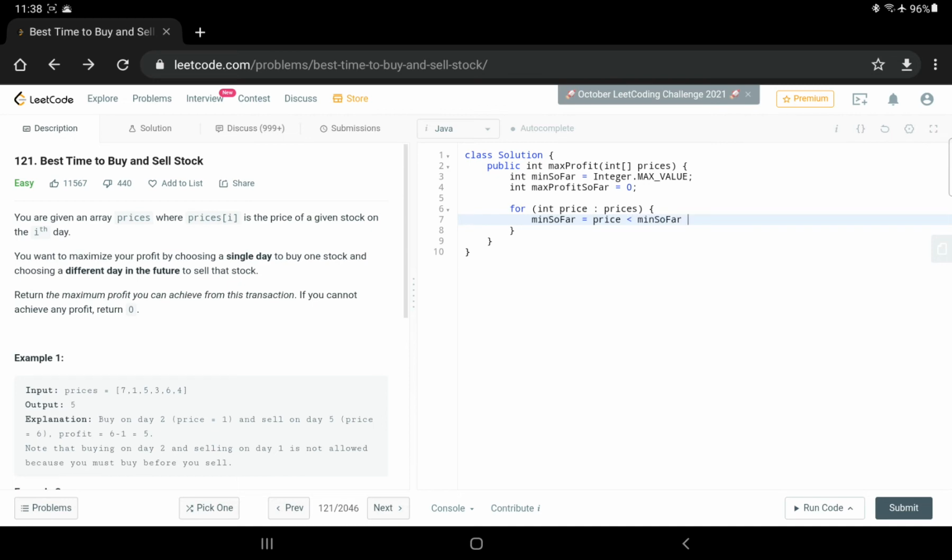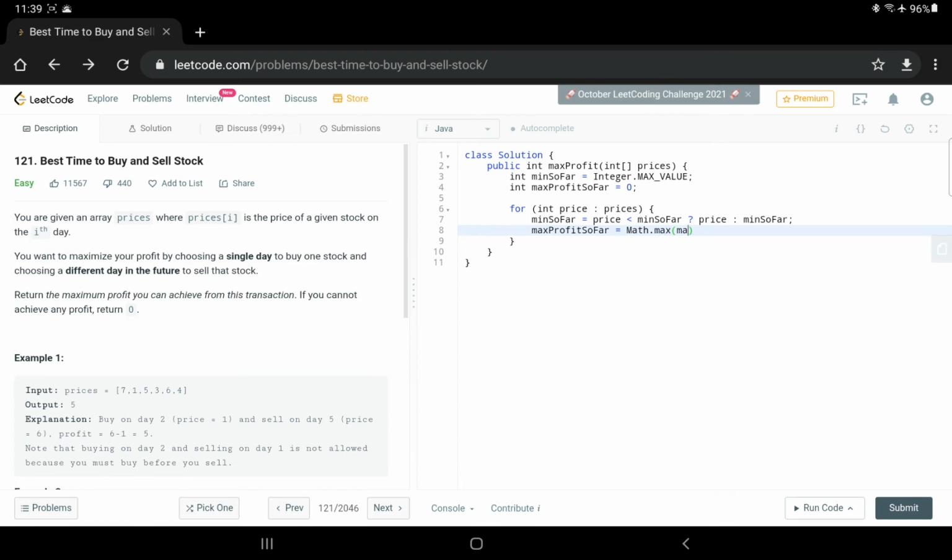And because we have chosen the min so far to be the integer max value, we would immediately update it to the current number. Then if the current price is less than the min so far, then it's the current price. Otherwise, it's the min so far.